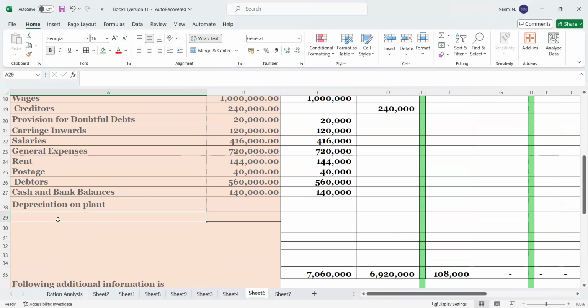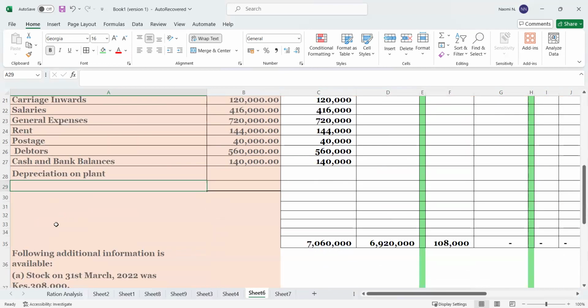Are we given the accumulated depreciation for the plant? No. It will affect the depreciation account in the expenses, and when adjusting your PPE in the balance sheet, you need accumulated depreciation. You're not given that account, so you'll have to create two accounts for the plant.